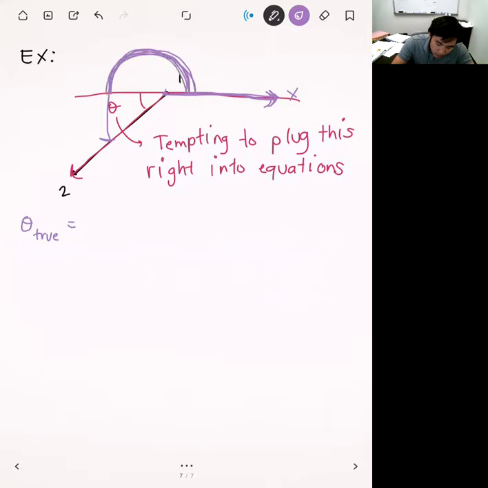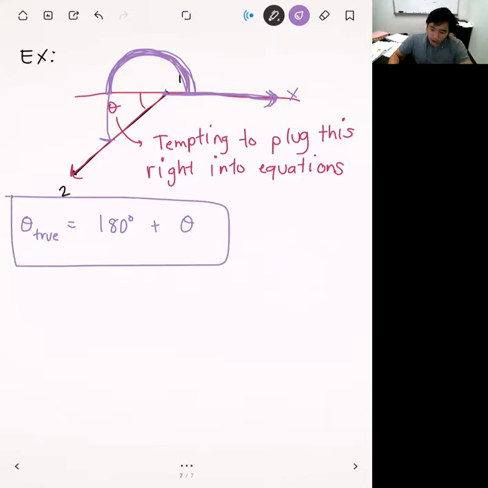And so whenever we make a half rotation like that, it's going to be 180 degrees, okay? Plus the angle theta that's shown in the figure. Right, and so you want to make sure that you plug this angle into the expression on the previous page, because it's going to change some signs of the cosine and sine terms.